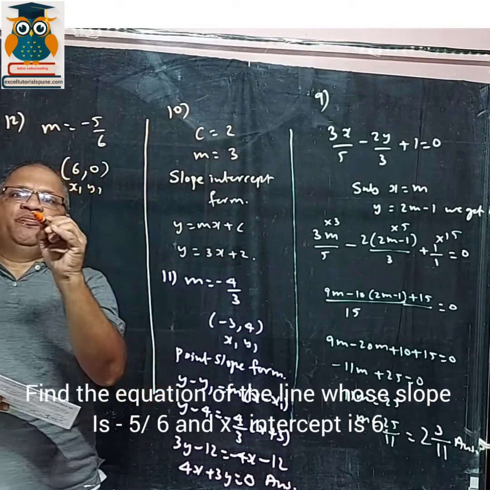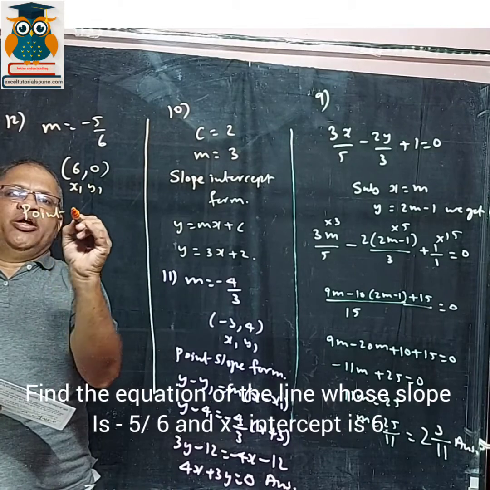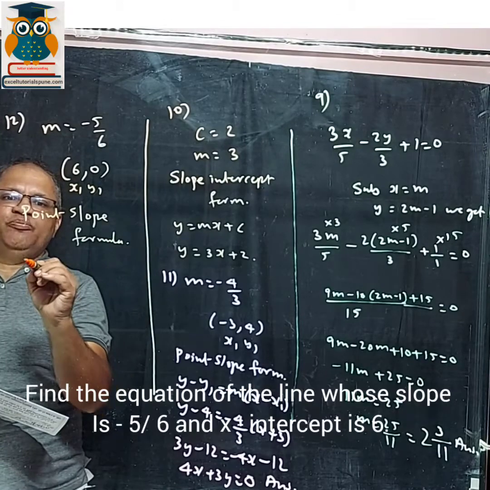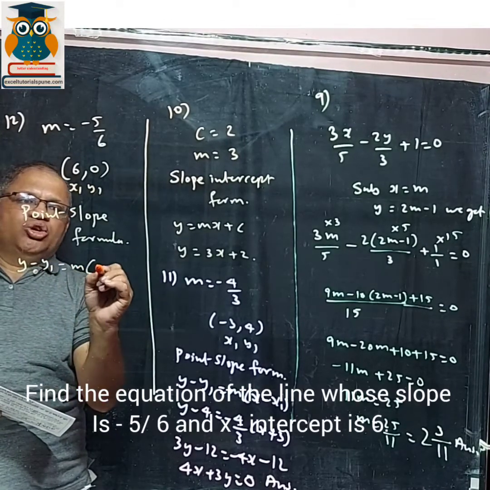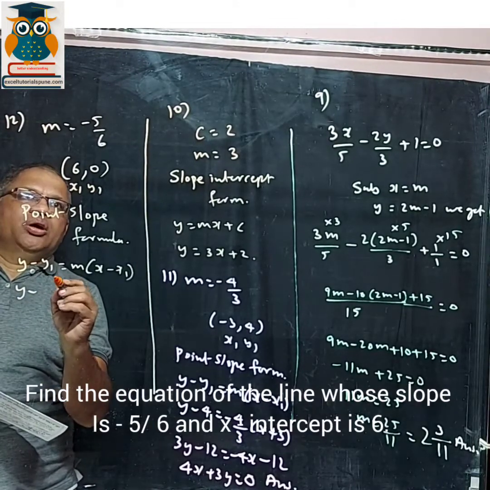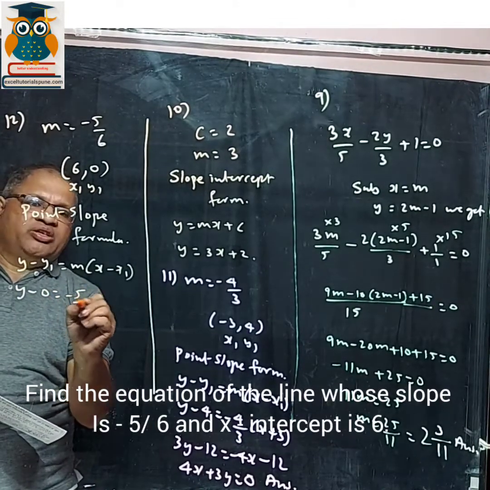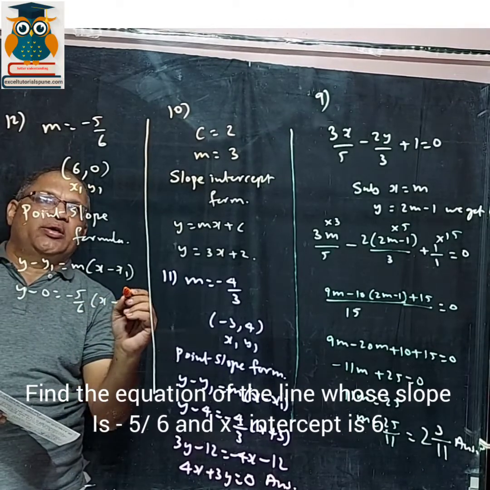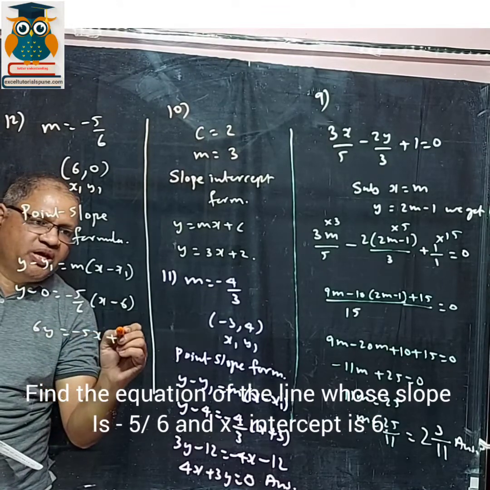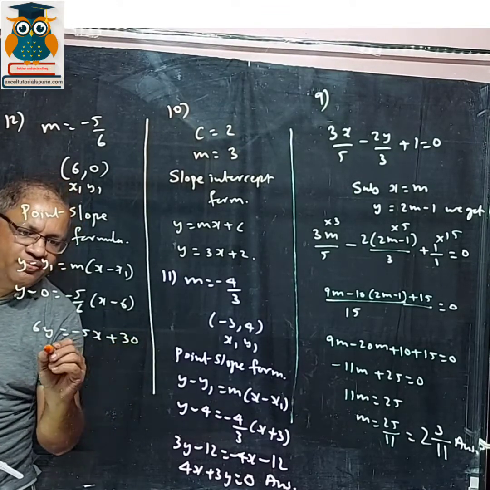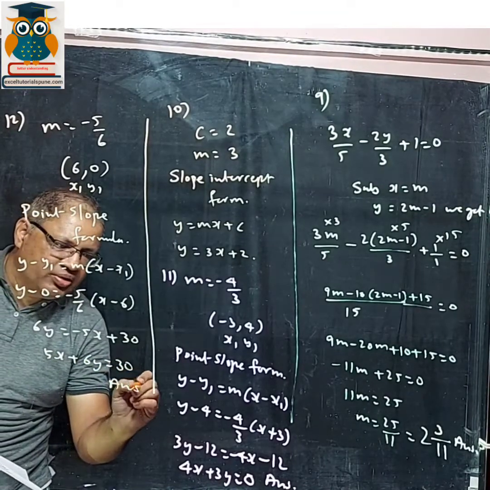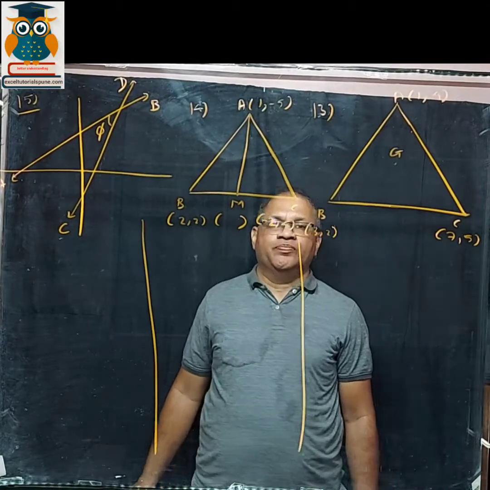So use the point-slope form. So what is the point-slope formula? y minus y1 is equal to m(x minus x1). So y minus y1 that is 0 is equal to m is minus 5 by 6, x minus x1 that is 6. Send 6 that side. 6y is equal to minus 5x plus 30. So 5x plus 6y is equal to 30. That's your answer.